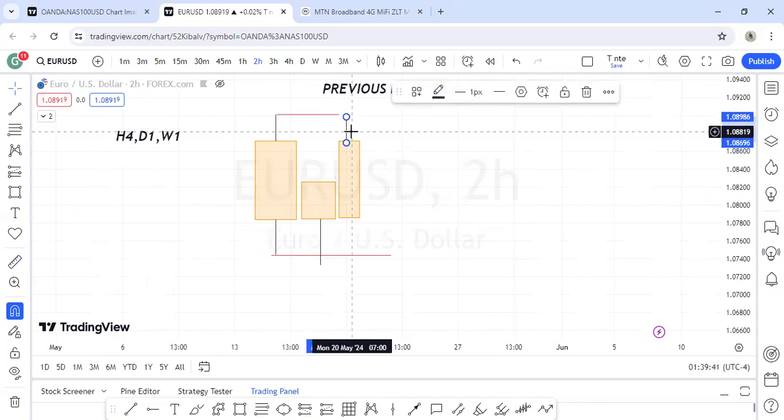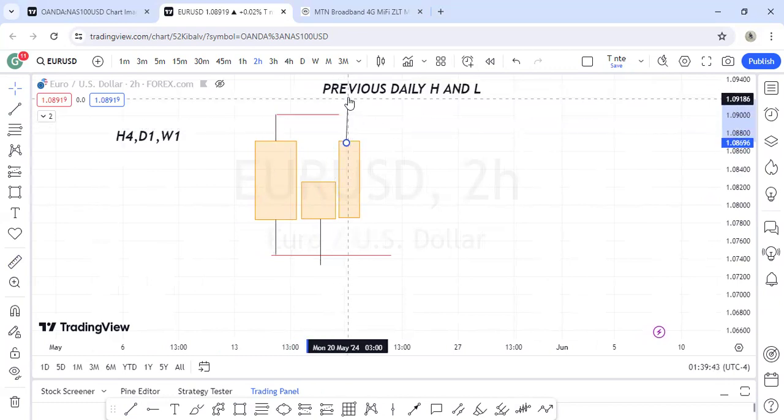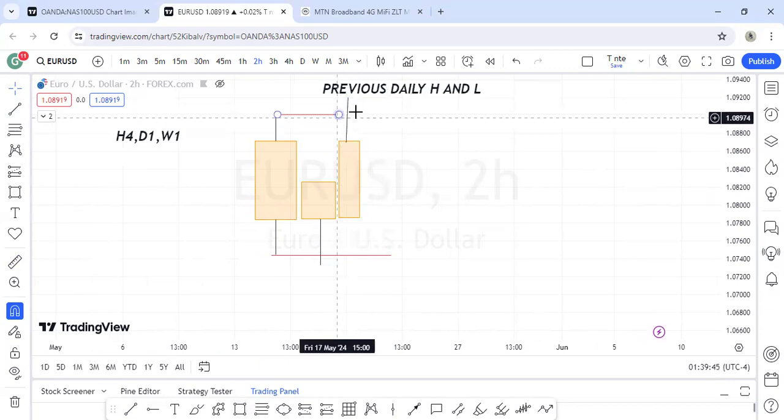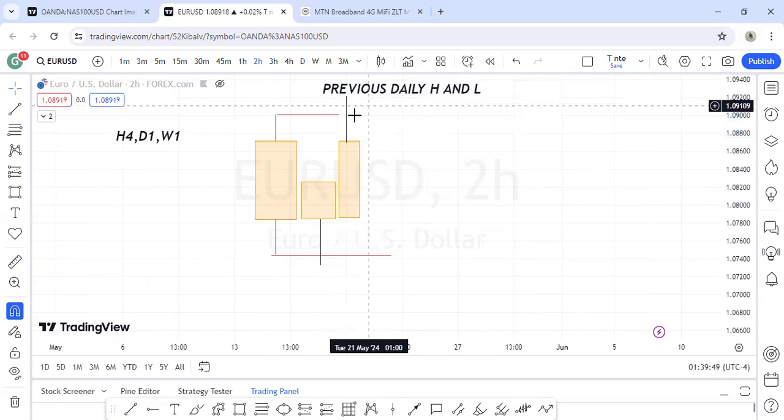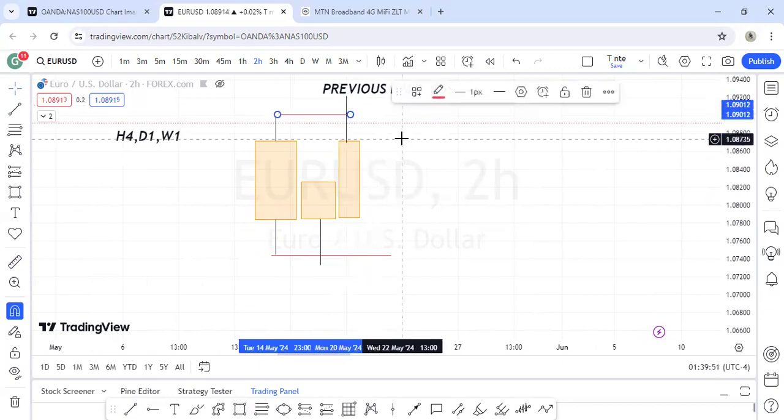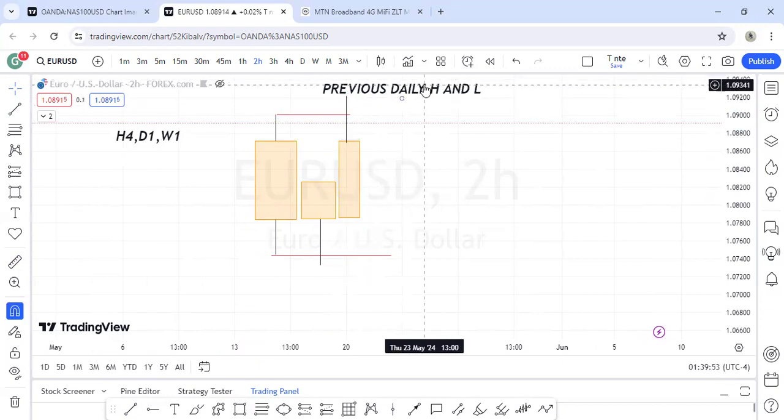Now, what really occurred here? It's what we refer to as a liquidity run.